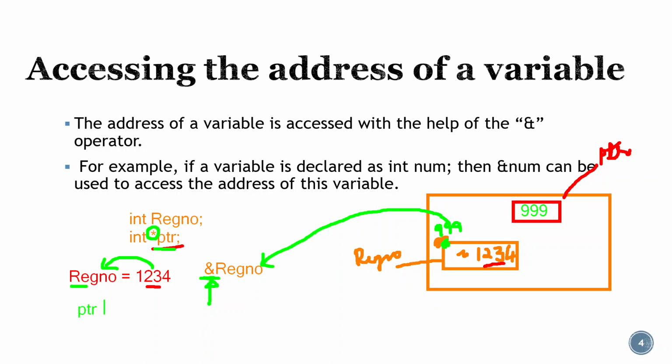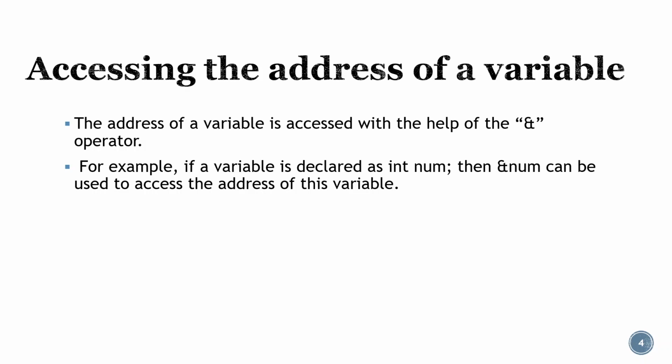So I am going to say ptr is equal to address of, you know very well, the address of operator is ampersand, then the name of the variable. So what I am getting is not the value which is there inside this variable, I am getting the address, this part. So address 999 is stored in the variable location. This is the essence of pointers.